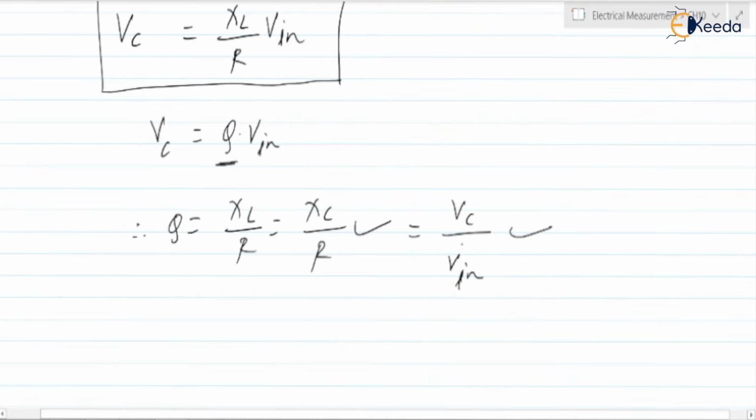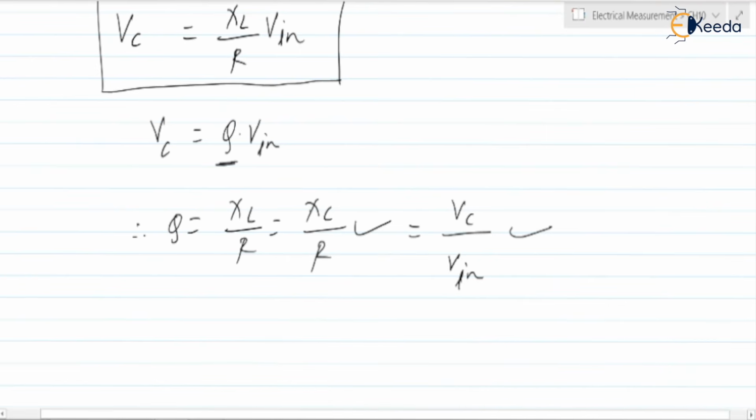Next, this Q factor whatever we have derived is the Q factor of the circuit. Be careful, this is not the Q factor of the coil. This is the Q factor of the circuit, because this measurement includes the distributed capacitance of the coil and also the shunt resistance RSH.